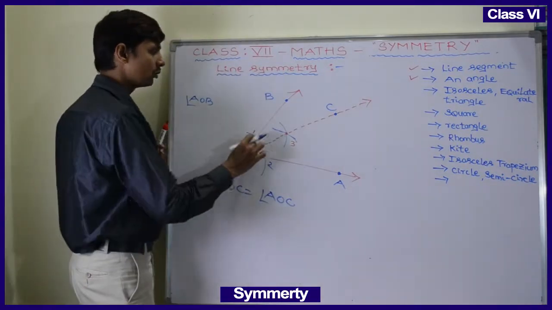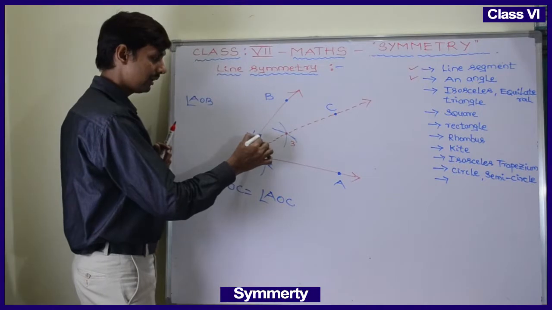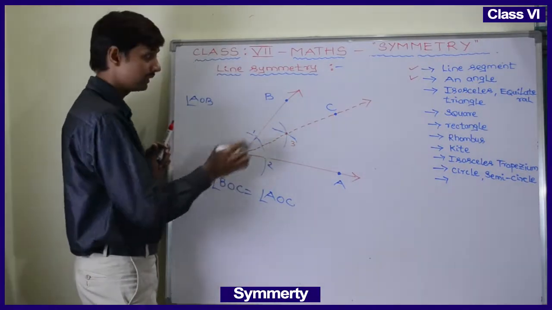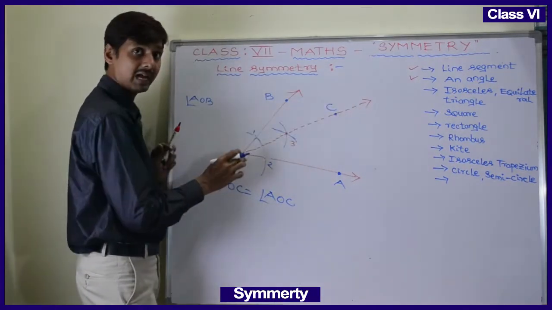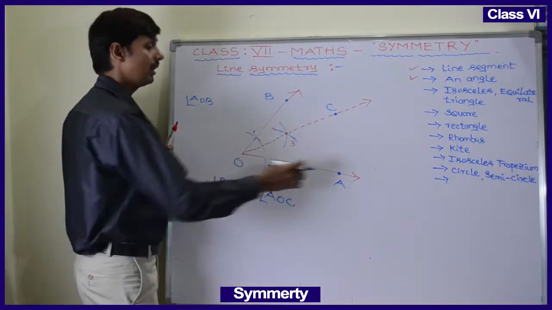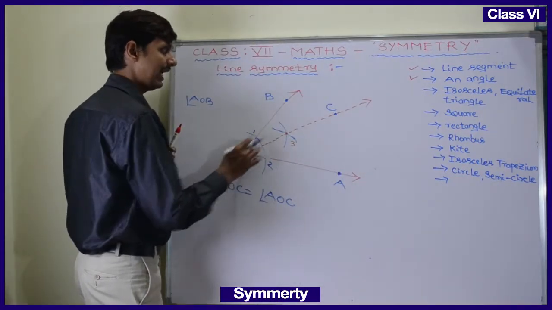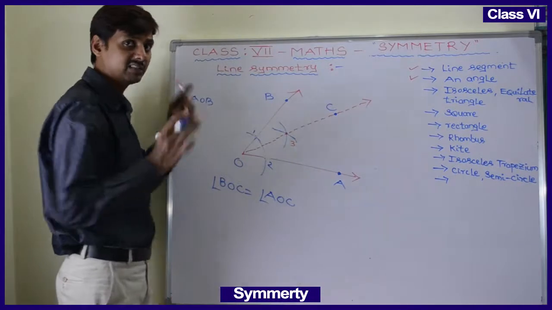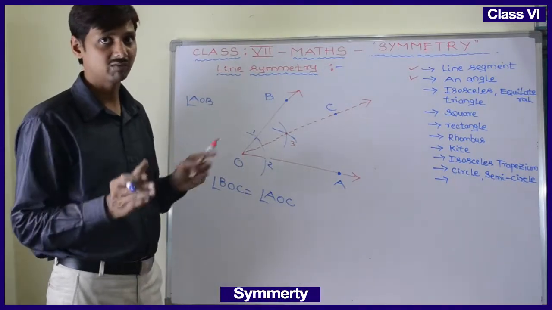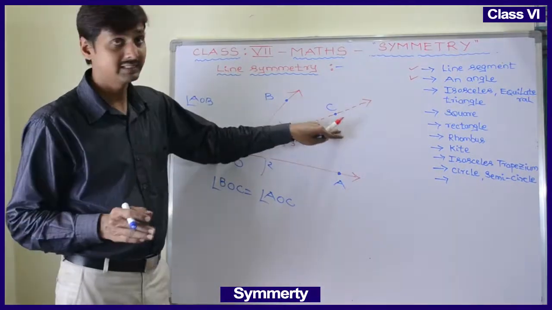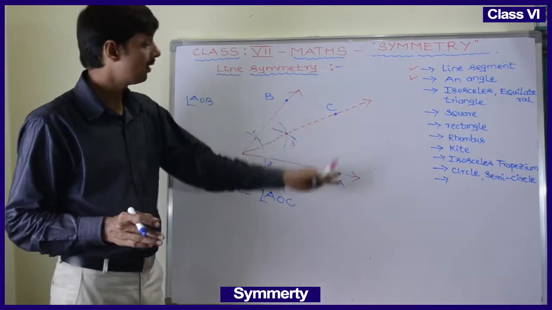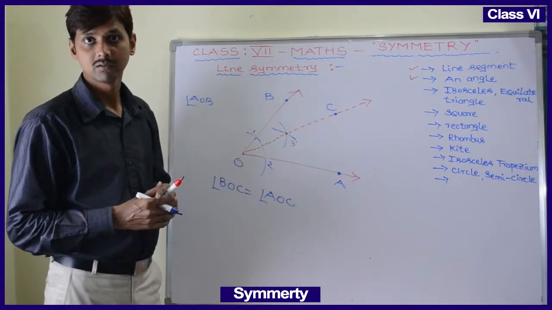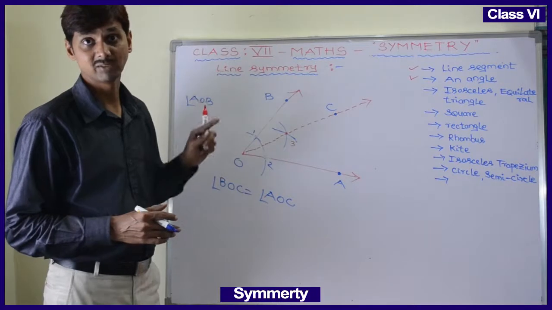BOC is one of the parts of the whole angle, and the next part is angle AOC. When we measure these two angles, both will be equal because OC is the bisector of angle AOB. So this is the line of symmetry we call.